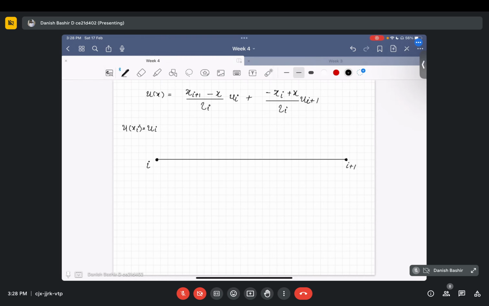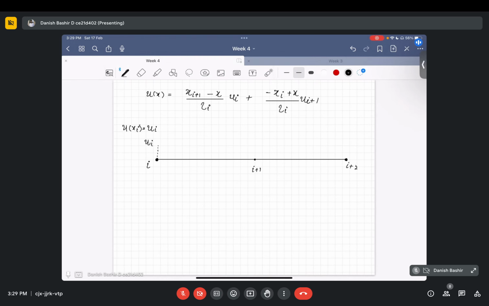So the nodal value was here to be equal to ui, and the other value was here. Let me take this element to be here up to this point, I plus 1, and then I will show you how it can be interpolated to another element I plus 2.